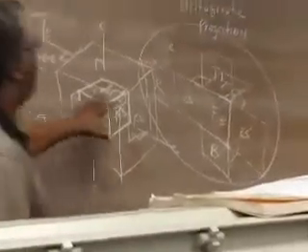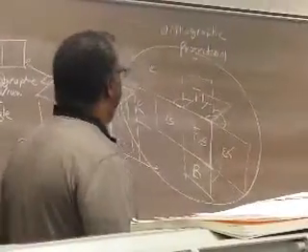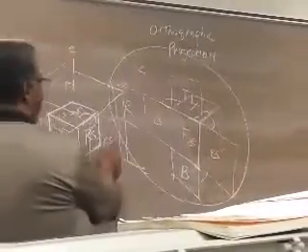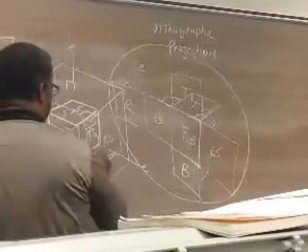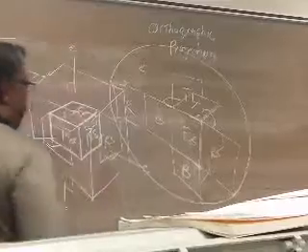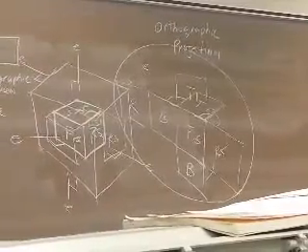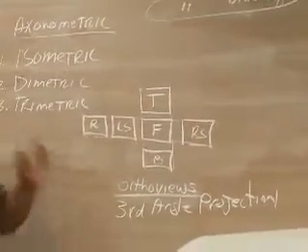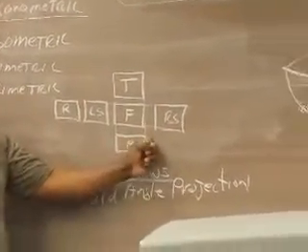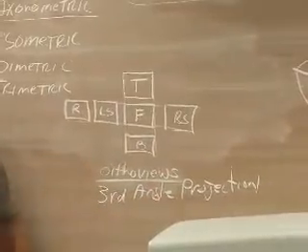So, by using orthographic projection, where the sight of the person changes so that the line of sight is perpendicular to your plane, then you can project and get your six principal views of an object, which are your orthographic views. And the way they are arranged is known as third angle projection.